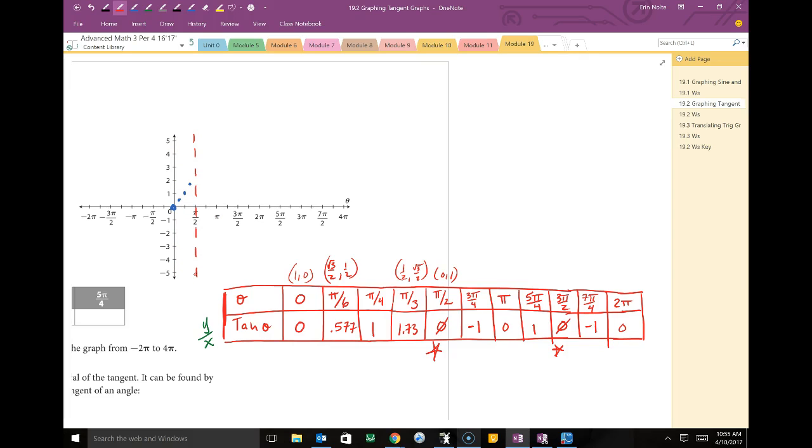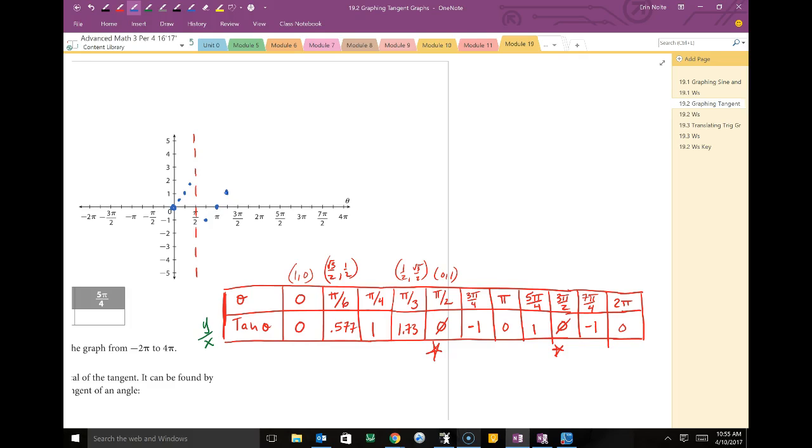Okay, moving on through the circle, we're now at 3 pi over 4. The corresponding y value is at -1. So we're going to have -1 right there. When we hit pi, our y value is 0. When we get to 5 pi over 4, we're at 1. 3 pi over 2, what happens?